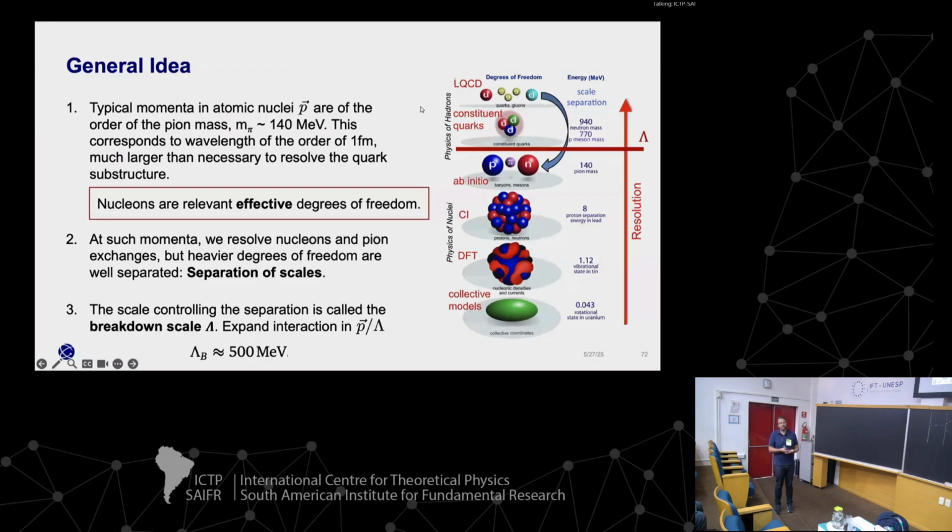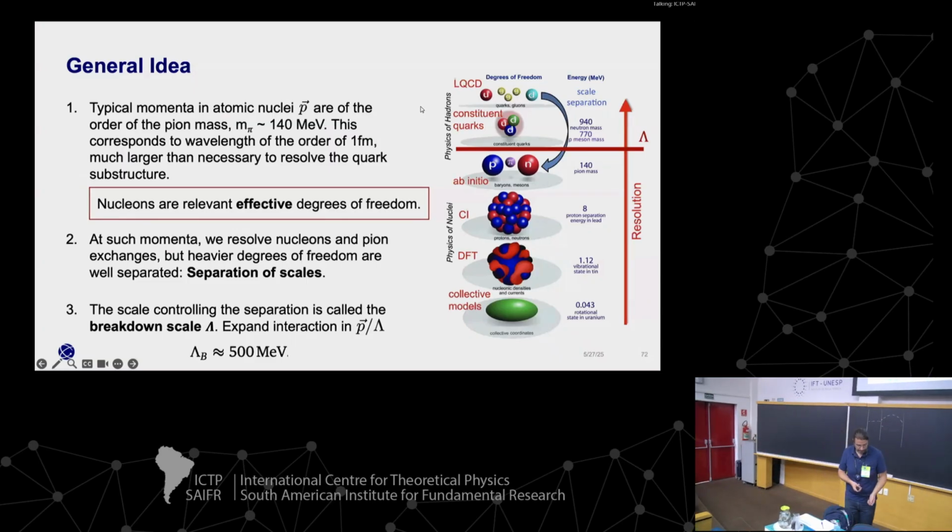And if we see quarks, we cannot assume it's only neutrons and protons anymore. The scale is somewhere in here, so it can be much larger than the momenta in atomic nuclei. And one actually finds that it is of the order of 500 MeV, so it's close to the rho meson mass. But it's larger than the 140 MeV that nucleons usually carry in terms of momenta.